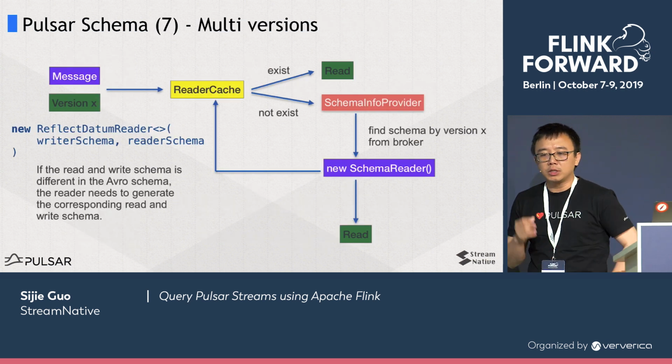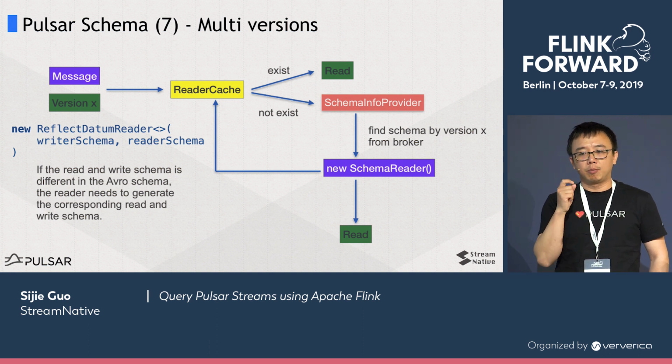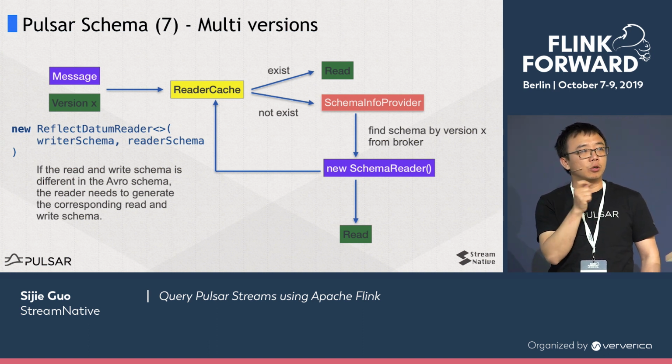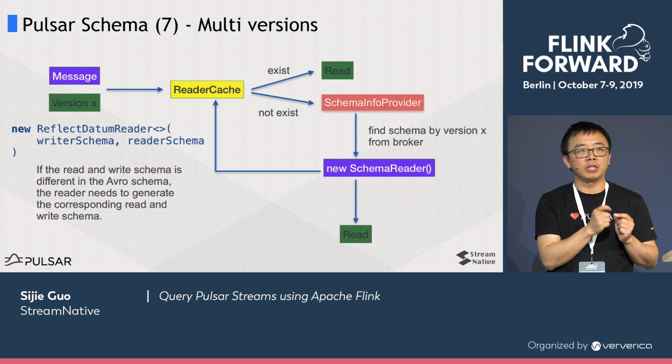On the consumer side: when we publish a message to Pulsar, Pulsar tags the message with the schema version, which is stored as part of the metadata of each message.